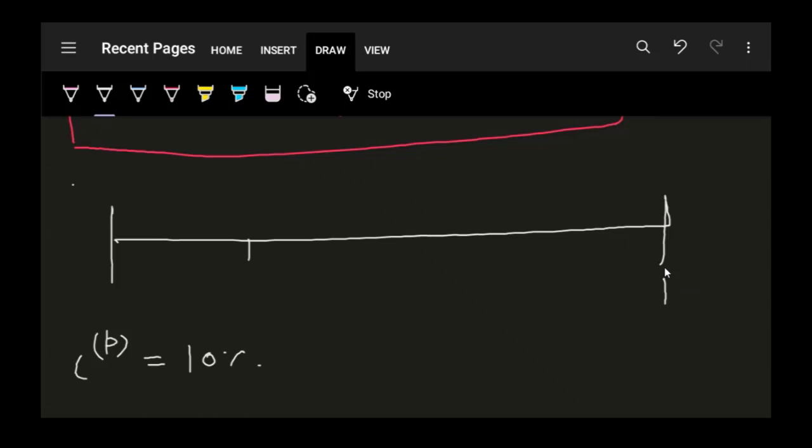So what I will do, I will divide my timeline into p periods. Since in the last example p was 4, we divided our timeline into four parts, and each part was equal to 1 upon 4.